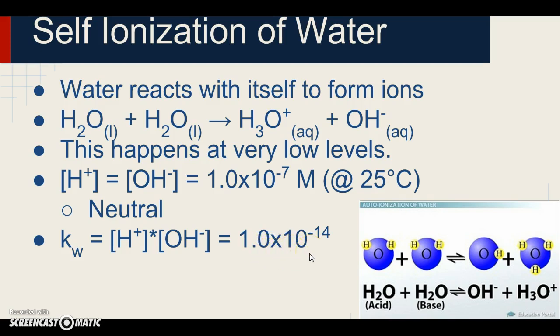This is important. It's a number I'm not going to make you memorize because I don't make you memorize very many things, but this number is not going to change when we're at room temperature. And just to make it simple, I'll go ahead and tell you all the acid bases that we'll be doing are going to be at this 25 degrees C. This times this will always equal this number, even if it's not neutral. And that's going to be very important to what we're going to see next.